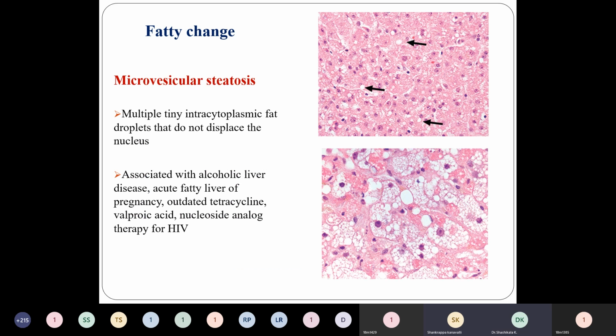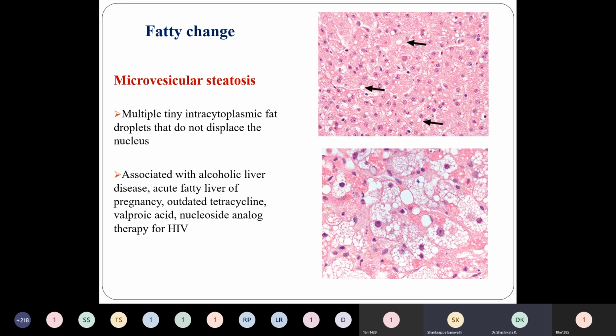Next is fatty change. Fatty change is nothing but the deposition of fatty acids or triglycerides in the hepatocytes. It is divided into microvesicular steatosis and macrovesicular steatosis. In microvesicular steatosis, you have multiple tiny cytoplasmic fat droplets, which do not displace the nucleus.